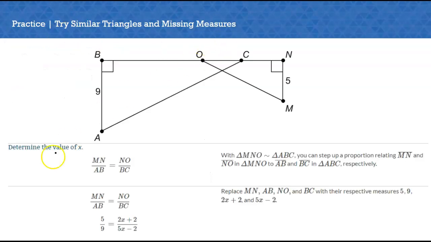So we can set up the corresponding sides as proportions. We would substitute MN with 5 and AB with 9, and then NO with what was given to us, 2x plus 2, and BC with 5x minus 2.